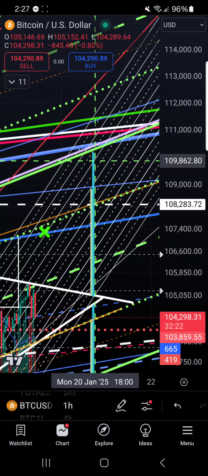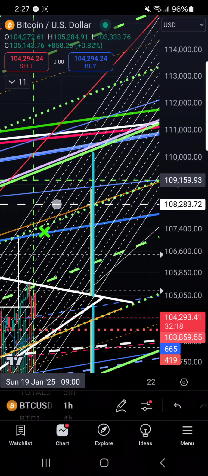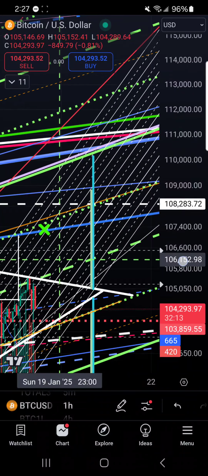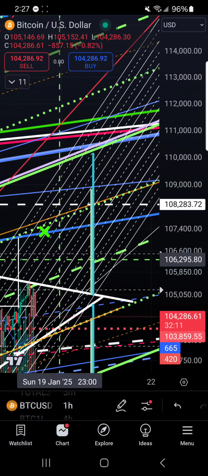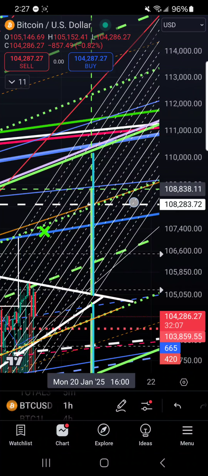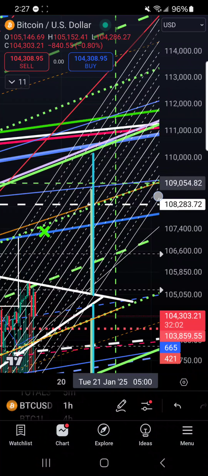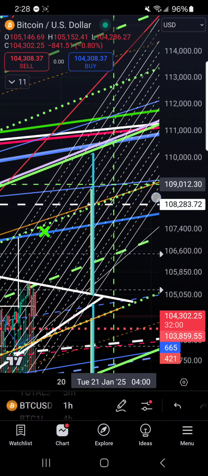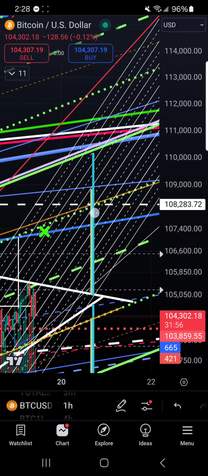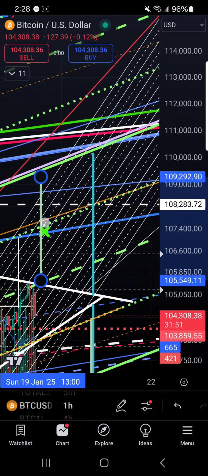The long one puts us right around where we were saying, and also the top of the green channel that we're currently trading in. So that makes a lot of sense. I mean, it's pretty accurate there. And the shorter target doesn't really get us there unless we break out in the next few hours, and we could move this up here somewhere.